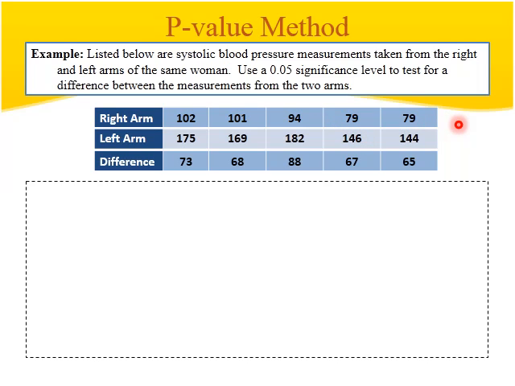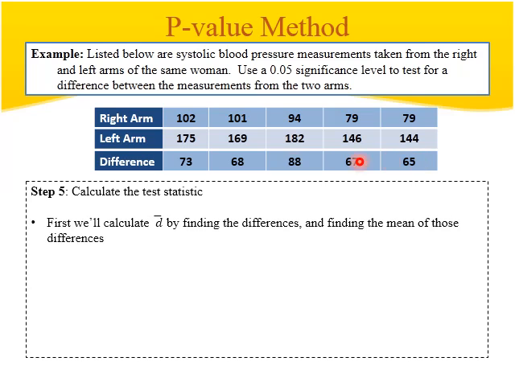So then I need D bar, which is the mean of each of these differences. So we have to calculate the mean of these 5 differences, which I get to be 72.2. That is, we simply add up the differences and divide by 5, which gets us 72.2.